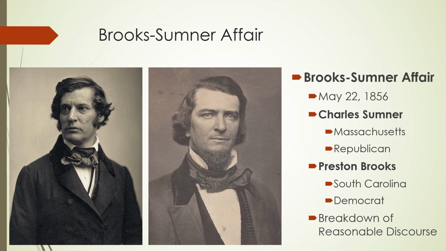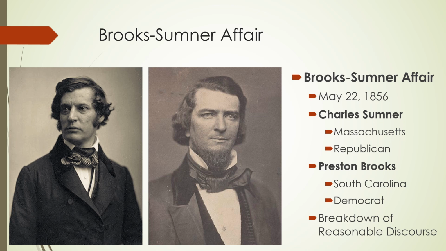And Preston Brooks becomes irritated with it, and he decides that he's going to do something about it, and he beats Charles Sumner with his walking stick, with a cane, and he almost kills him. He beats Charles Sumner so badly he permanently handicaps him. He almost dies.